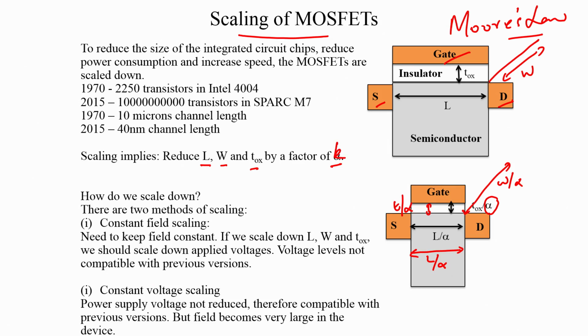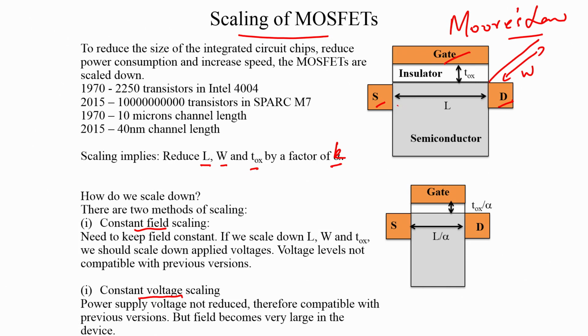There are 2 strategies. One is called constant field scaling, and the other is called constant voltage scaling, and of course, you can have a hybrid of these 2, but we will just introduce these 2 strategies. In the case of constant field scaling, the electric fields inside the device are kept constant. And what does that mean? Let us say we have scaled down the MOSFET from L to L by alpha.